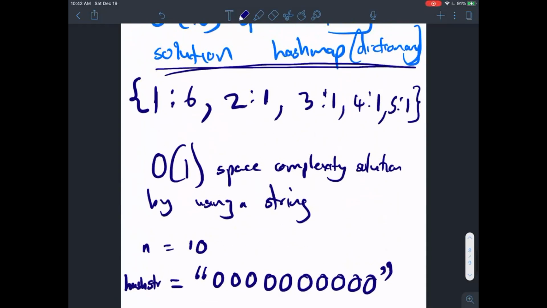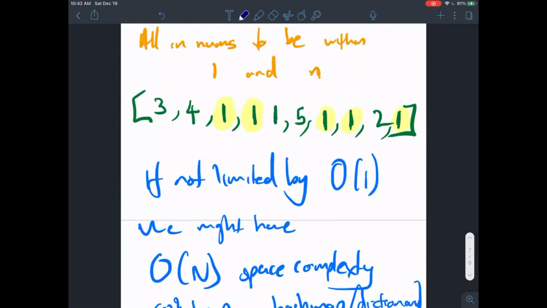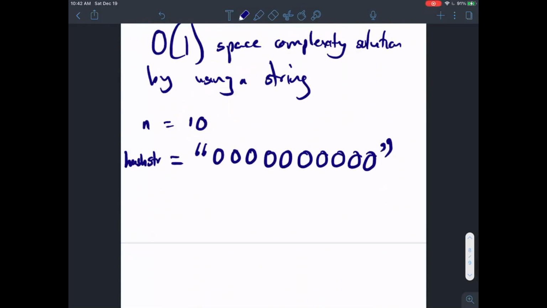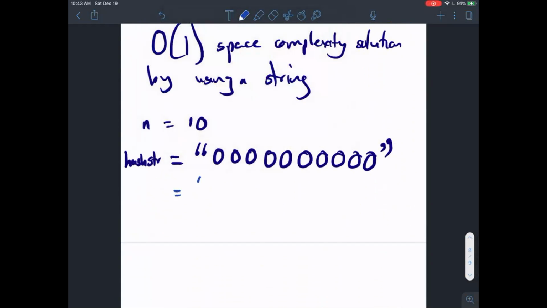So looking at these numbers, what we would get as our solution here is: we know that 1 is there, 2 is there, 3 is there, 4 is there, 5 is there, 6, 7, 8, 9, 10.